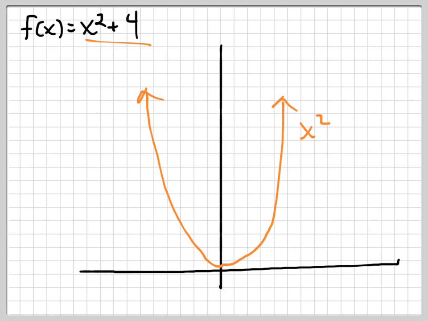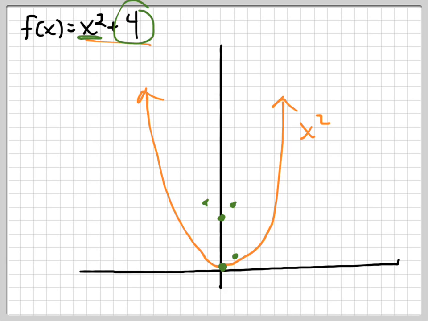Well, what we're going to be doing is adding 4 units to every value of x we already had. So where this vertex before was at 0, 0, it's now at 0, 4. And where this point, which was at 1, 1, is now at 1, 5. And same thing here, I'm just adding 4 units to the y values.